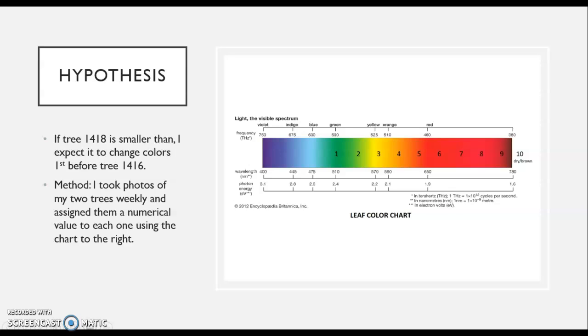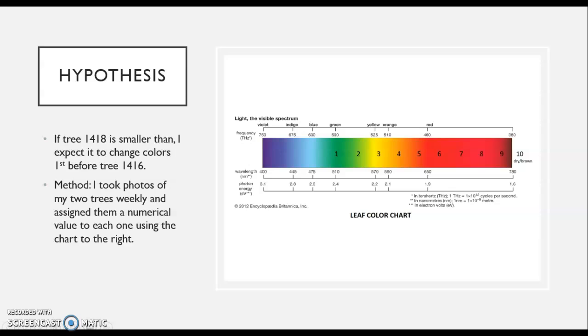So I took photos of my two trees weekly and assigned them a numerical value to each one using the chart to the right. So I studied tree 1416, which is a green ash tree, and I also did tree 1418, which is an apple tree.